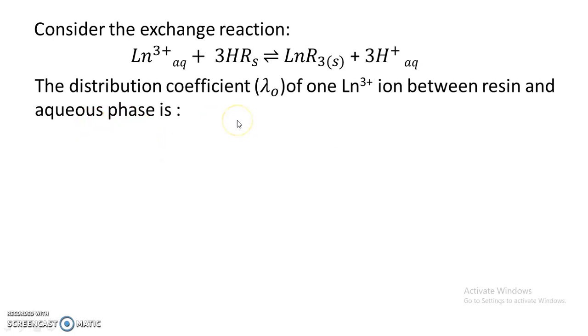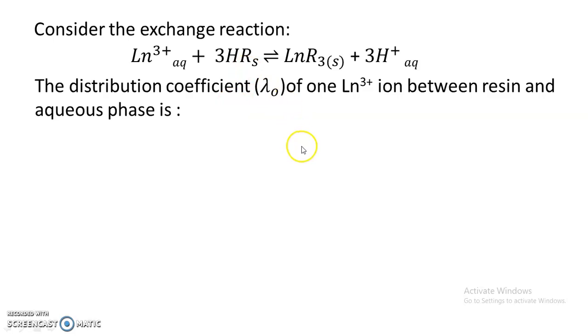The distribution coefficient, lambda 0, for one lanthanide ion between resin and aqueous phase is as follows. Lanthanide ions exist as adsorbed ions on the surface of the resin, as well as some lanthanide ions in the aqueous phase that are in contact with the resin.